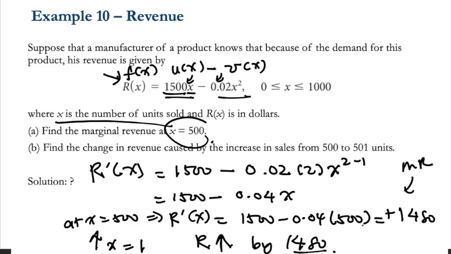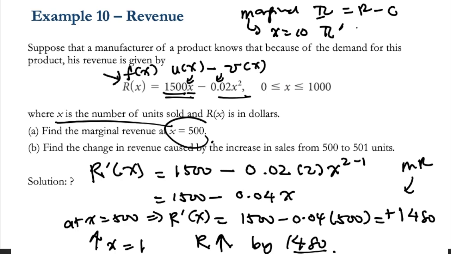All right. So this is one example. We can also have, let's say, marginal profit. If you calculate profit equal to revenue minus cost, then if I ask you what is marginal profit at x equal to 10, with this profit function, find the derivative, and then insert 10 back into here. Let's say your answer is 400.